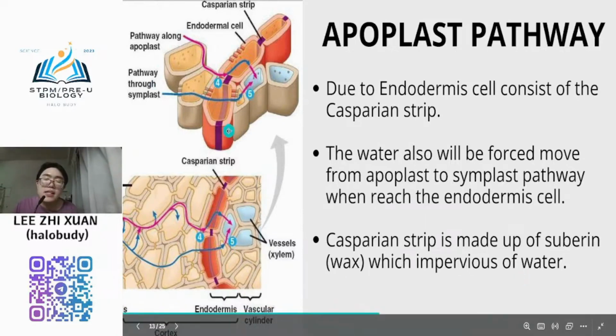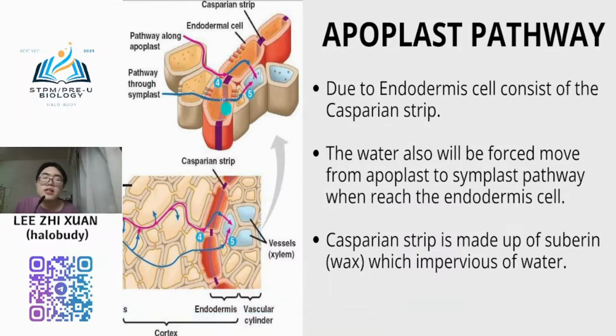This Casparian strip is located on the surface of the endodermis layer, meaning the water molecule cannot pass through the cell wall of the endodermis. So the water molecule is forced out into the plant cell, passes through the symplast pathway, and then goes to the root xylem. If not, the water molecule cannot pass through, because of the presence of the Casparian strip.